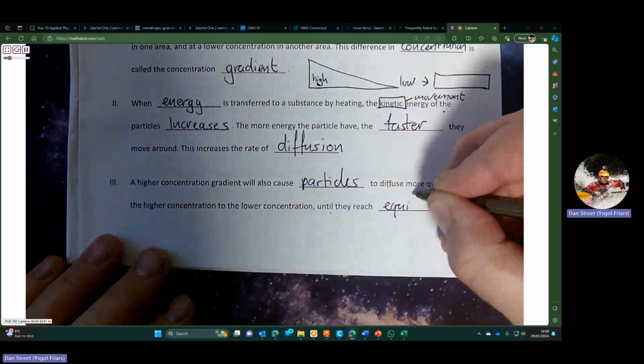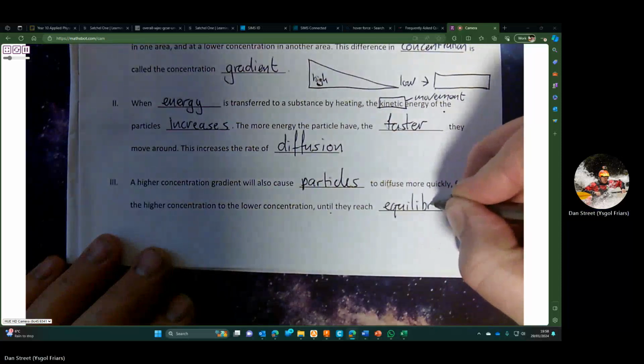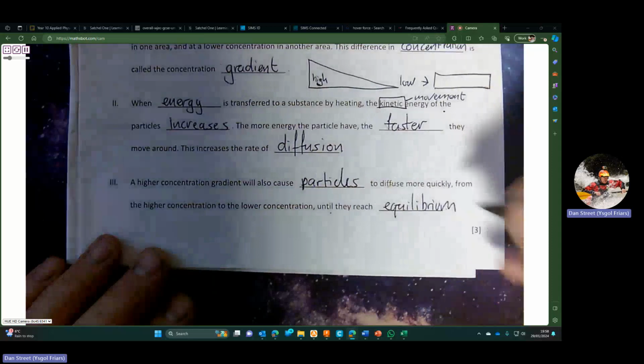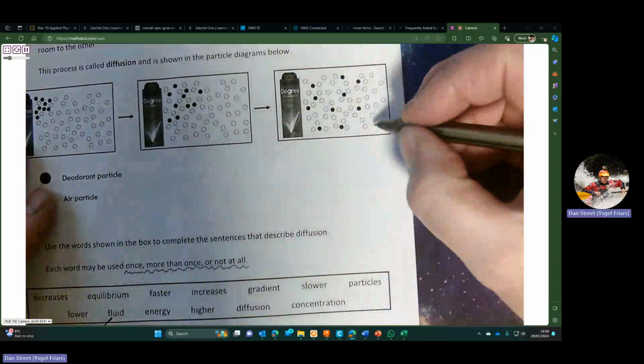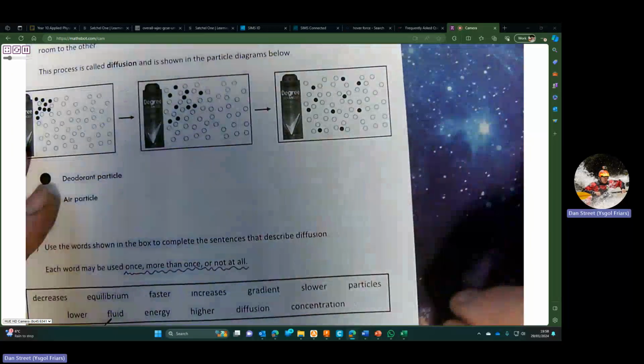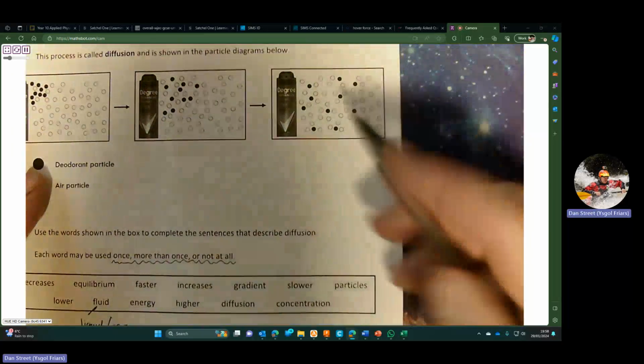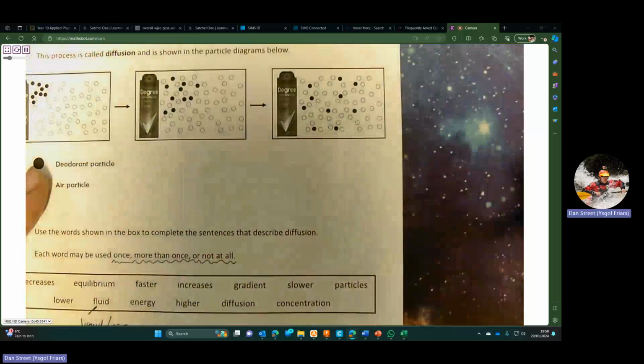Now, equilibrium comes from the word equal, which we know what that means. It means everything is the same. So equilibrium is where all the particles are spread out evenly throughout the main fluid. So the deodorant particles will be spread out equally throughout the main fluid.